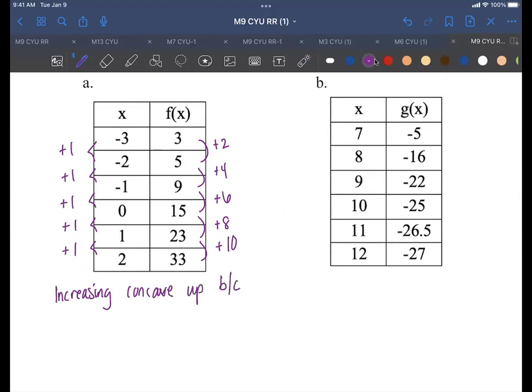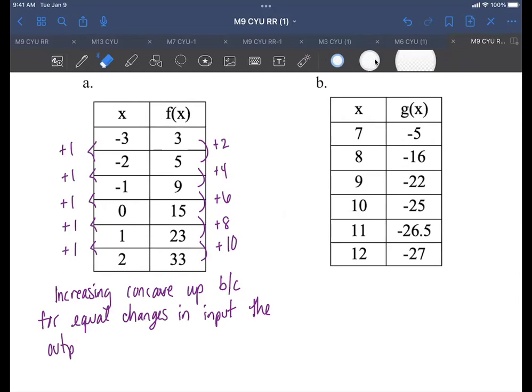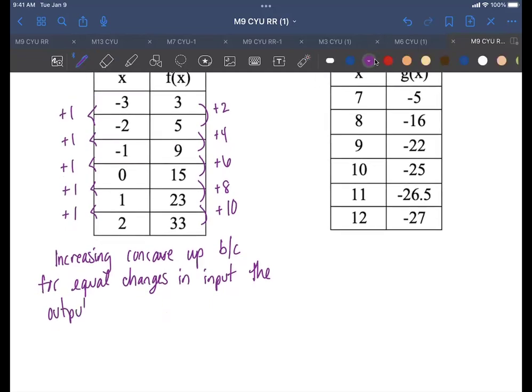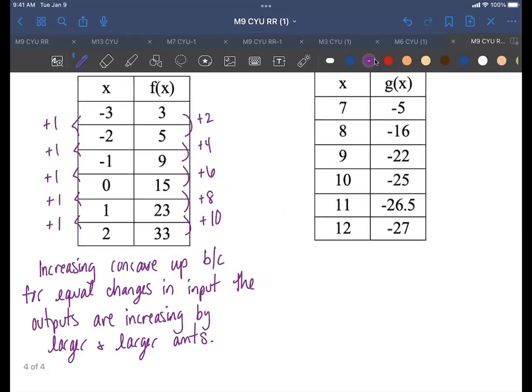And the reason is because for equal changes in input, the outputs are increasing, yes, but they're increasing by larger and larger amounts. And that is what makes it concave up. Okay, let's take a look at the next one.